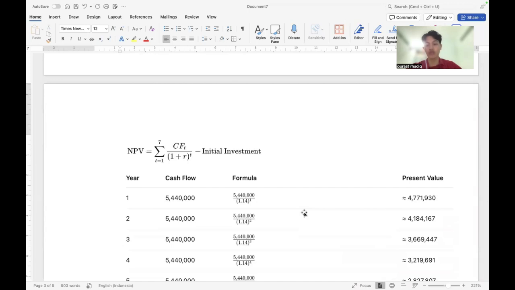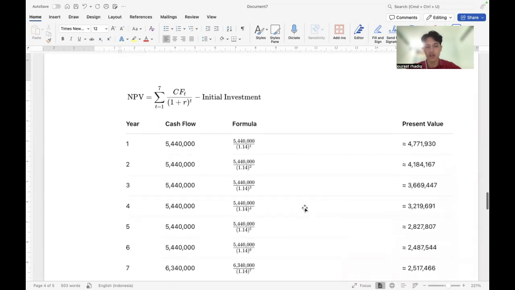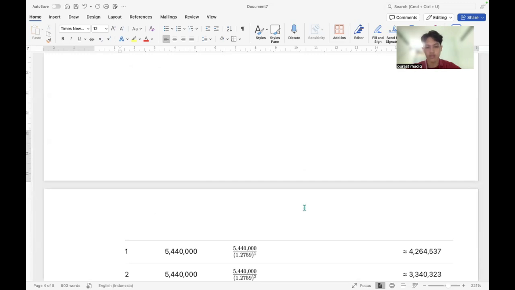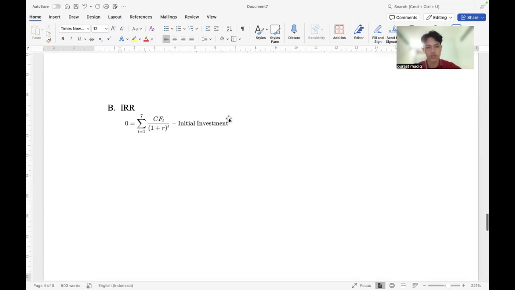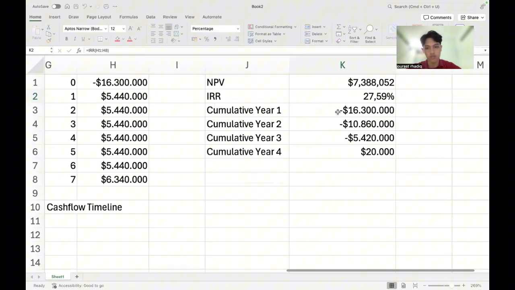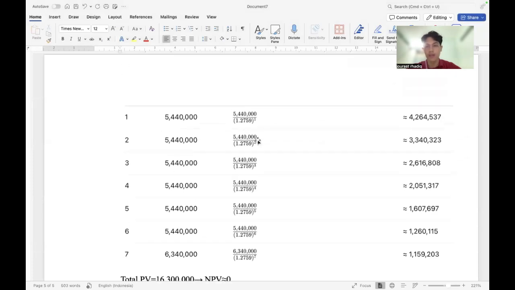If you want to make sure whether the IRR is right or not, we can reverse calculate. We just put the 27.59 here into the NPV formula.